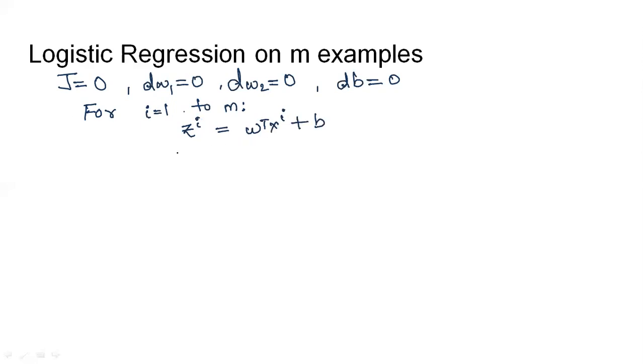We have already studied this, and if I have z of I, then I can predict the outcome as a of I, which is equal to y hat of I, which is equal to sigma of z of I. This also we have studied earlier.